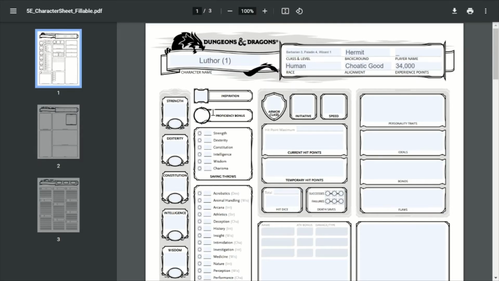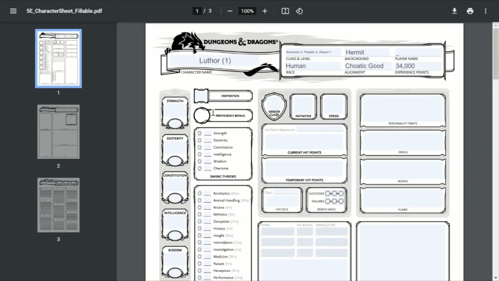Basically, I made him a paladin, because for a couple of the paladin spells, I wanted to make it so he could power up his fists and do as much damage as possible. So that's why you see the paladin in there.